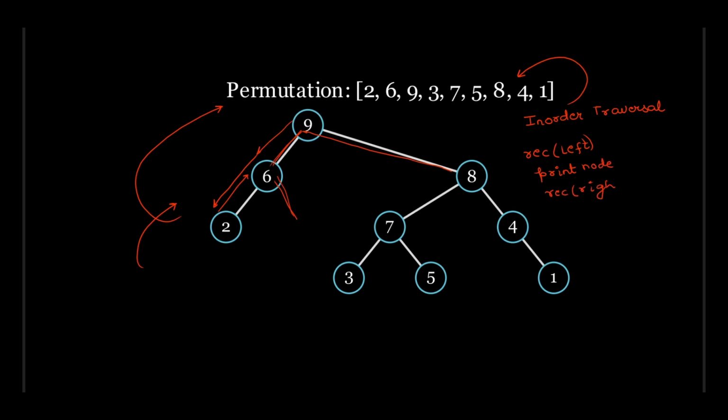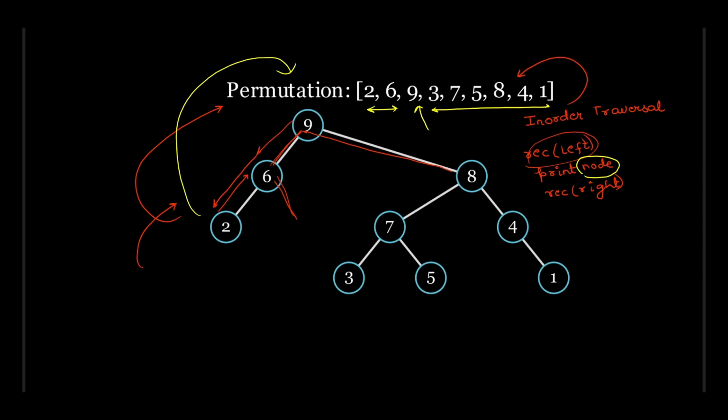This means the entire left subtree will be printed first, and it actually makes sense because the entire left subtree is the left subarray, and then the entire right subtree, which is the right subarray, will be printed last, and the node, which is the root, will be printed in the middle, which is exactly what it is. You can do some exercise on your copy, and you will see that if you do an in order traversal of this tree, you will get this permutation.